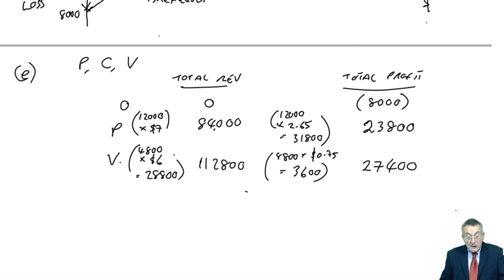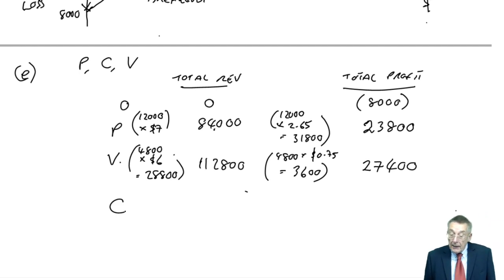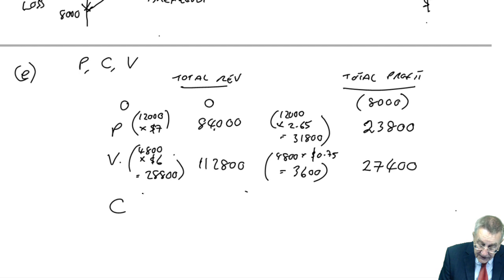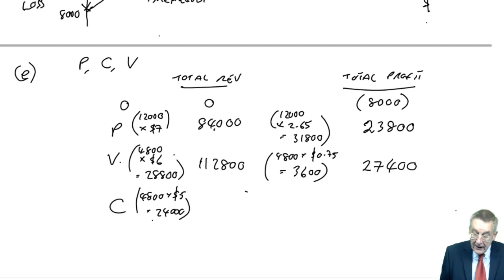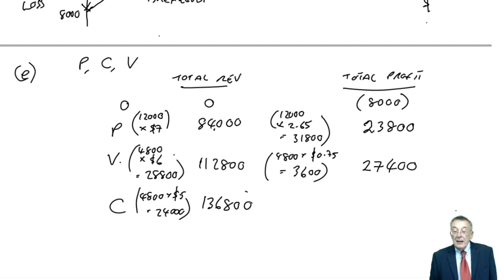And finally, since we can't sell any more V's, the next one we'd make would be C. How much extra revenue would C give us? 4,800 units at $5 is an extra 24,000. So the total revenue now will go up to 136,800. And finally, what will happen to the profit?